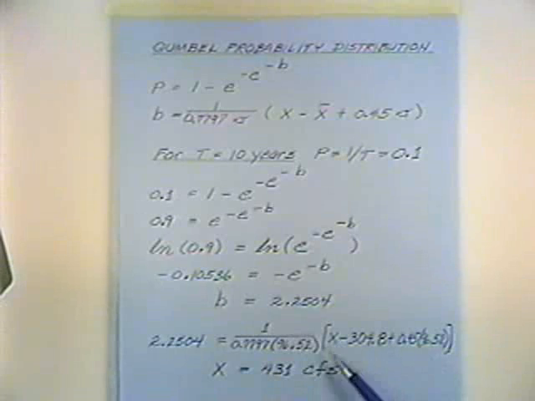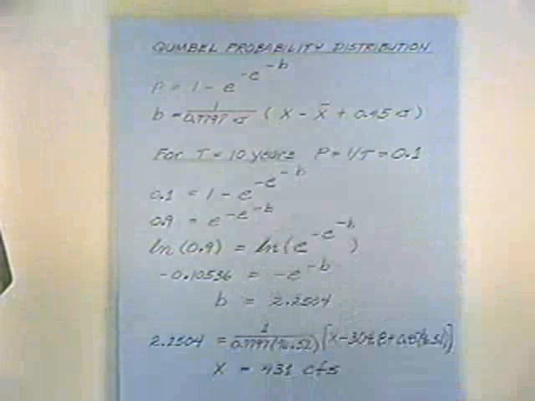The only thing I have left is an X, and I solve for X. And so given that 15 years of data, assuming that the Gumbel probability distribution fits stream flow data, the 10-year recurrence interval peak discharge would be 431 cubic feet per second, just by using the Gumbel.